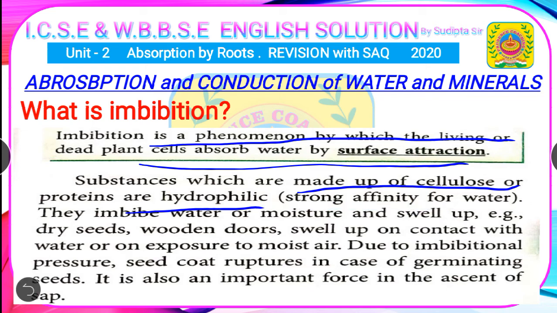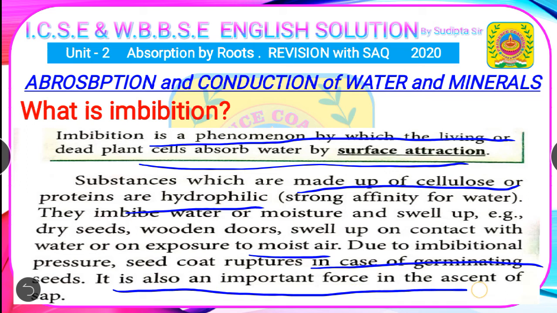As a result, dry seeds and wooden doors swell up on contact with water or on exposure to moisture. Due to the imbibitional pressure, the seed walls rupture in the case of germinating seeds. It is also an important force in the ascent of sap. So what is the application of imbibition?